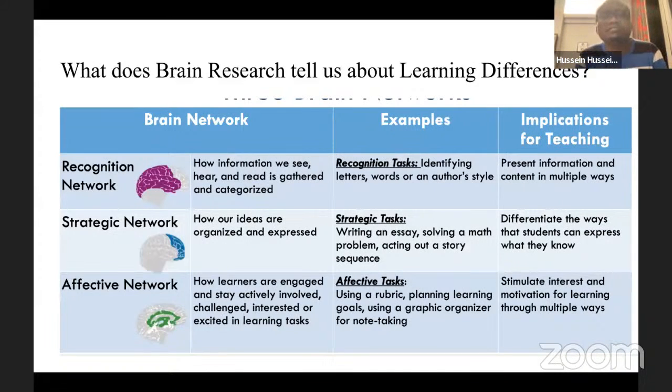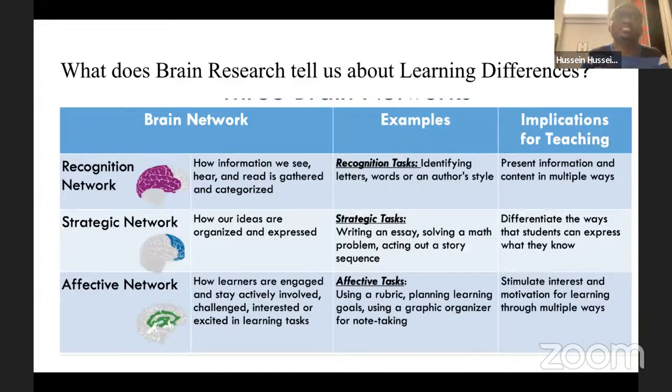So recognition sometimes identifying letters, words or author style. Kwa unaweza ukakuta mwalimu mmoja kafundisha kitu kimoja, lakini let's say kama kwenye kazi za literature, mtu anaposema labda useme to identify author's ideas and the themes in the story, kila mtu atakuwa na themes zake, lakini hii inatokana na nini?